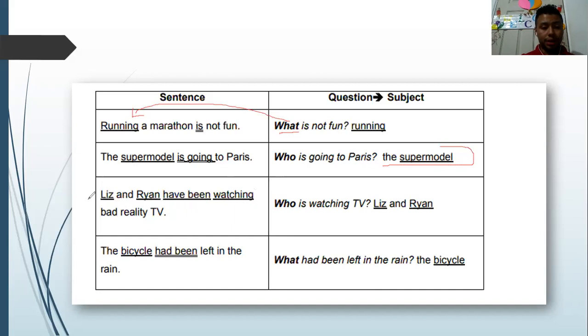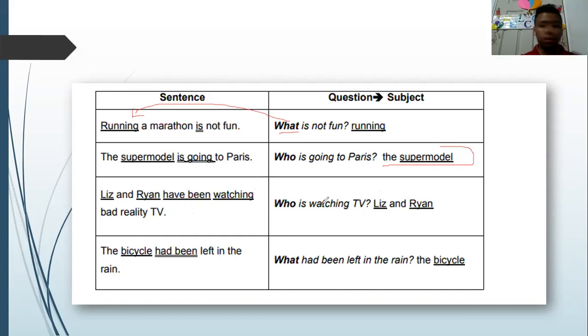Let's see the third example. Liz and Ryan have been watching bad reality TV or a TV show. Who is watching TV? We have two people, Liz and Ryan. If I ask you, who is watching TV? The mister?